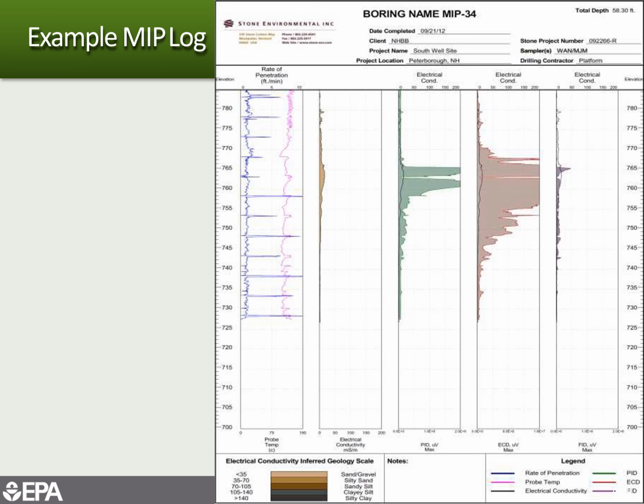Here's a little better closer view of that same boring log. So you can see the electrical conductivity on this scale doesn't really show a lot. The PID, photoionization detection, shows this amount of deflection, but the electron capture device, the ECD, shows a much bigger response.